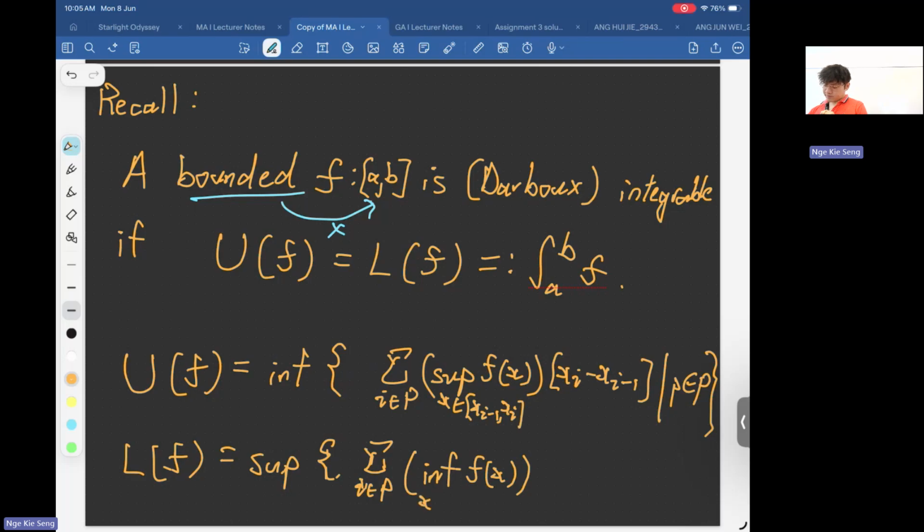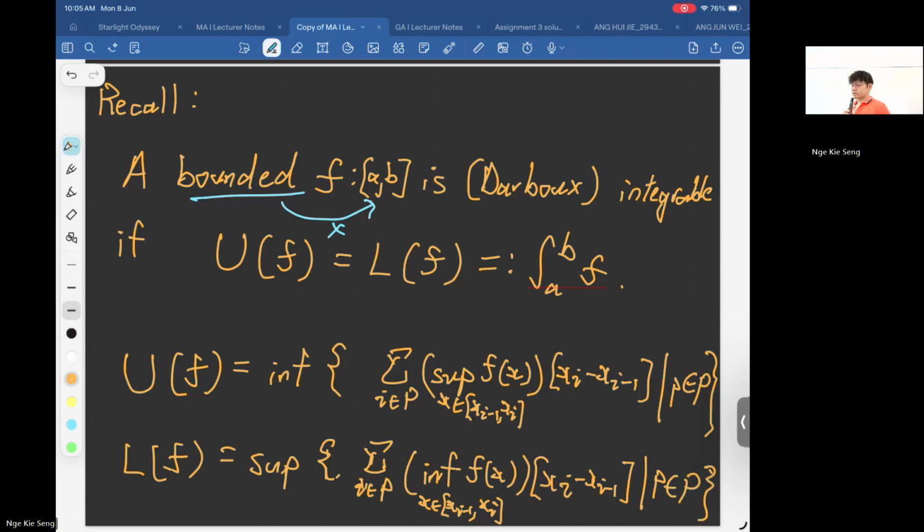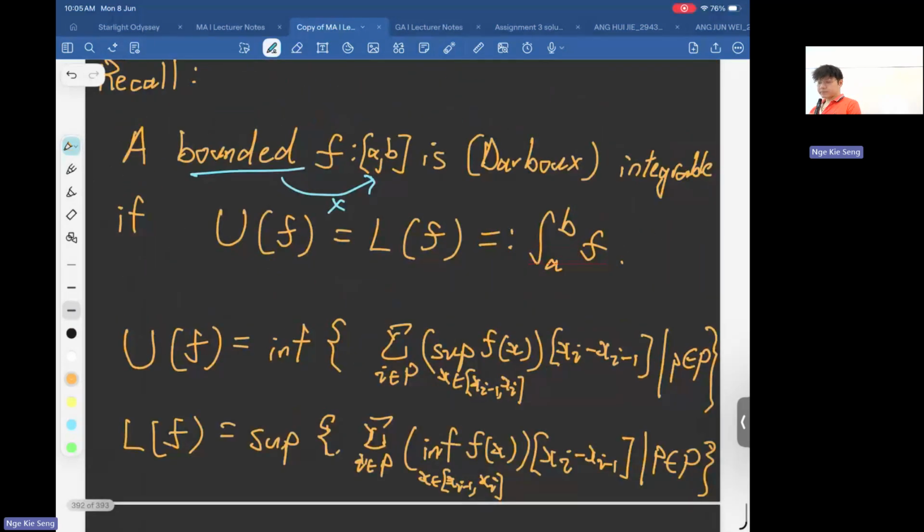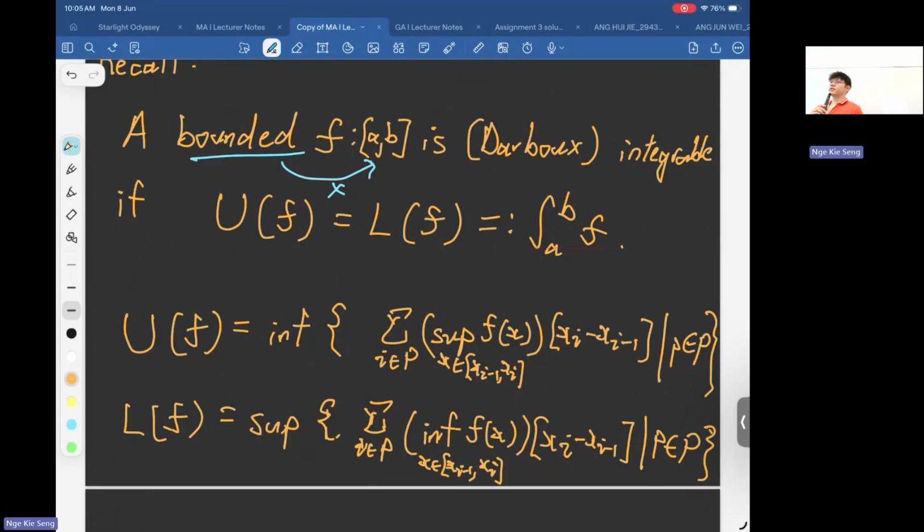Yeah, it's similar. I abuse notation a bit, but I hope you understand what I'm trying to say. Okay, so far so good.